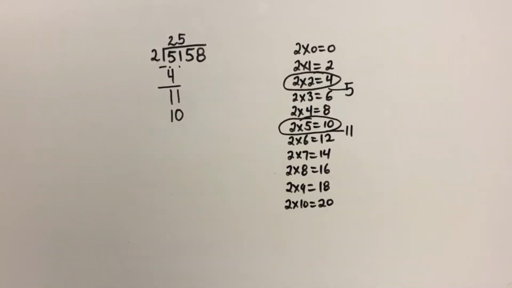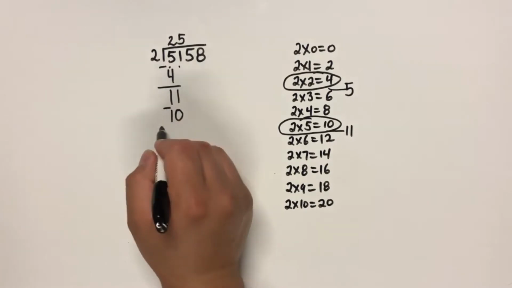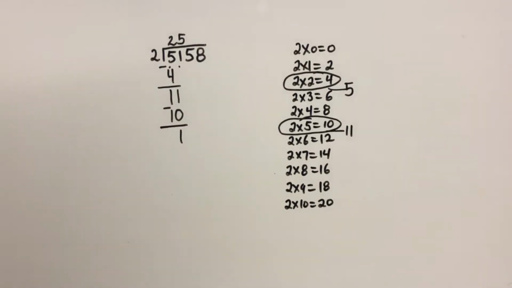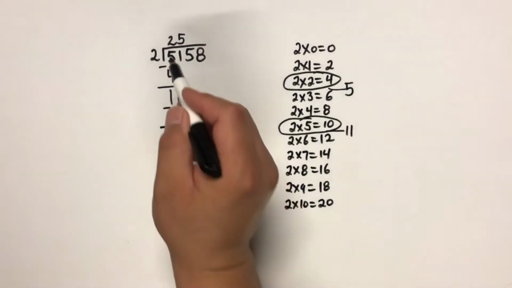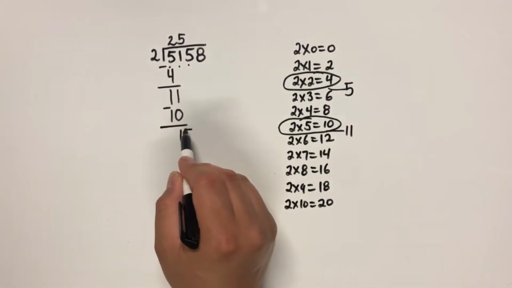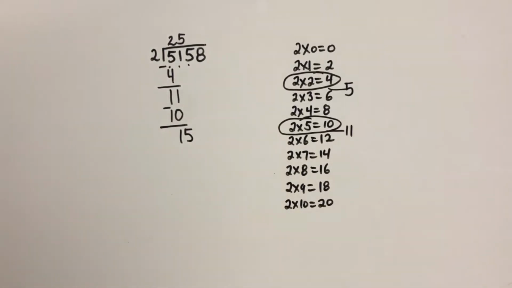And I'm going to perform a subtraction of 11 and 10. 11 minus 10 is 1. Okay. And then I'm going to bring down the next number inside the division house, which is the number 5. This number 5 is going to come down right here so that I now have the number 15.